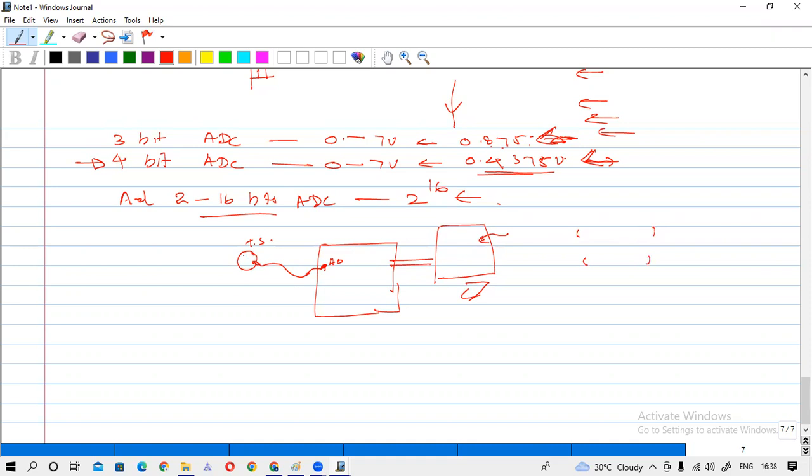This temperature sensor will give you 0 to 5 volts, but here you can see values like 405, 403.5, 203.7, 16.7. Very big values.